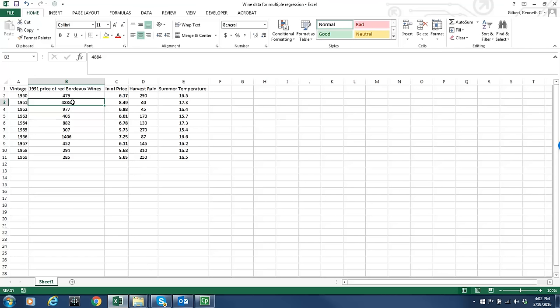But when we're talking about wine, the ones we really would like to be able to predict are the ones that are going to go to the moon. So if I have wine that's going to sell for $5,000, I don't know if that's per bottle or per case, probably per bottle, I don't know, then I would like to be able to predict that.